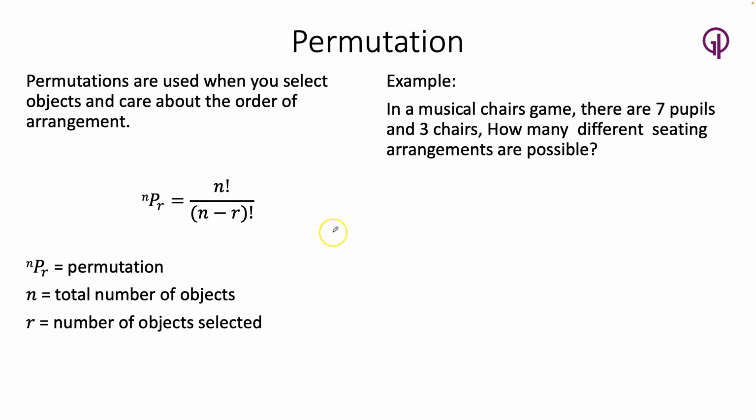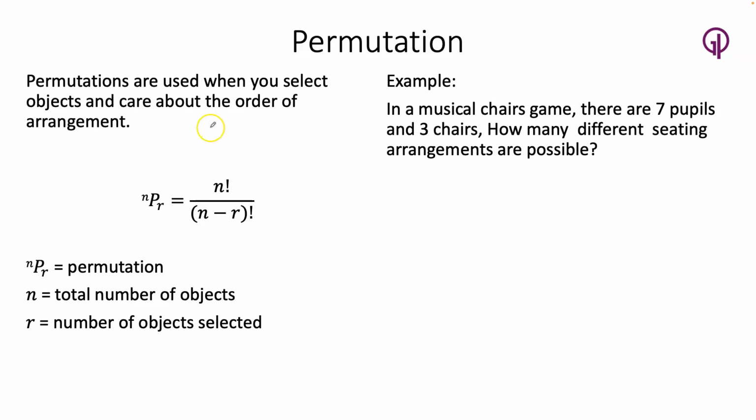Now here we turn our attention to permutation. Now factorials required us to have the same number of pupils as chairs to sit on. But what happens if there are not enough chairs for everyone?